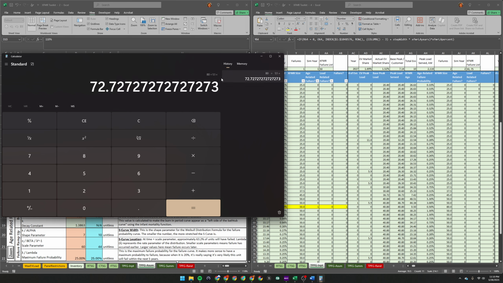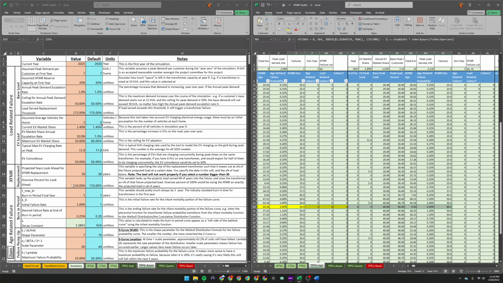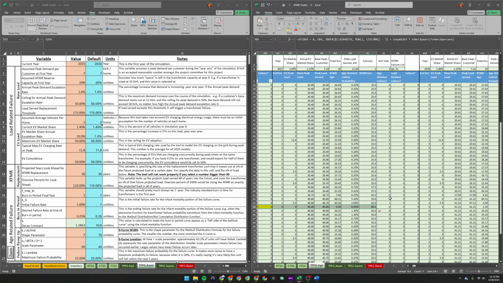The load is like 72.7 kVA, and then it's applying that oversized percent, and that's how it's getting your new transformer size. That is done to help model random chances where you're going to have successive failure, where you get an infant mortality failure in a year or two. That is a possibility, and we want to model that. So that's kind of what that's all about.